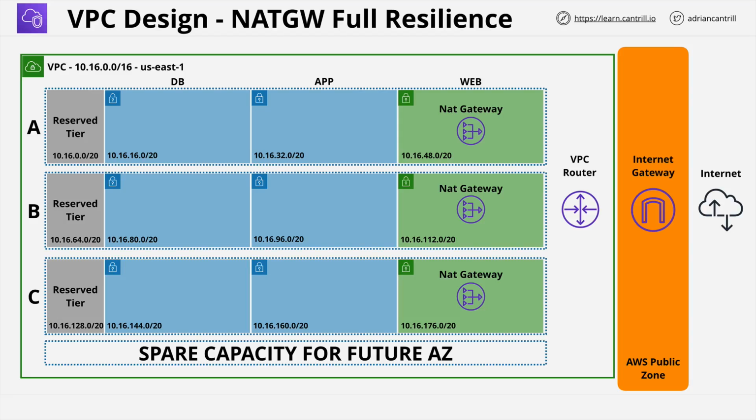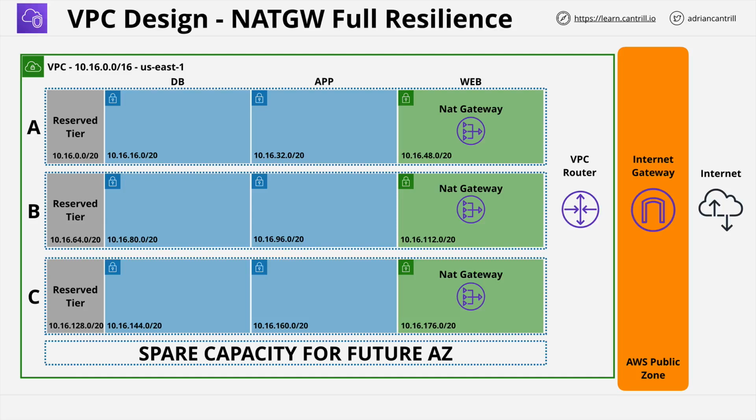So focusing specifically on the Animals for Life scenario, what we're going to do in the upcoming demo lesson: to implement a truly resilient architecture for NAT services in a VPC, you need a NAT gateway in a public subnet inside each availability zone that the VPC uses. Just like on the diagram that you've got on screen now.